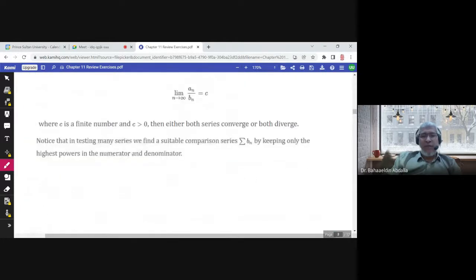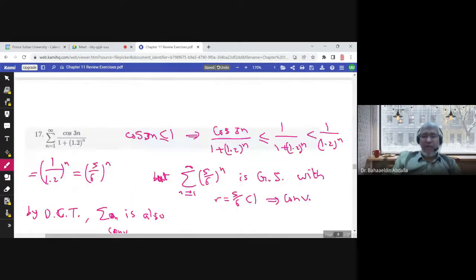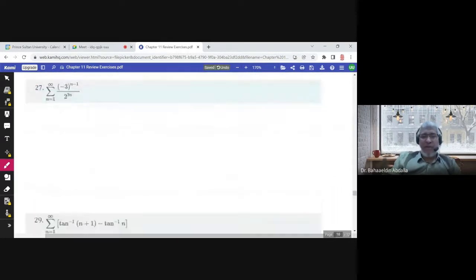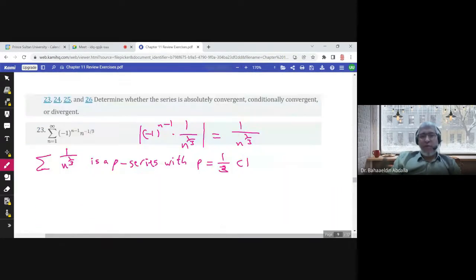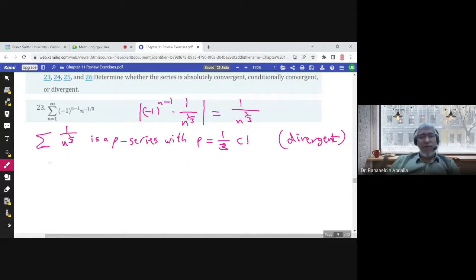If the p series has p less than 1, then it is divergent. If it's greater than 1, it is convergent. If it is less than 1, it is divergent. So summation of the absolute value is divergent. So the series is not absolutely convergent.